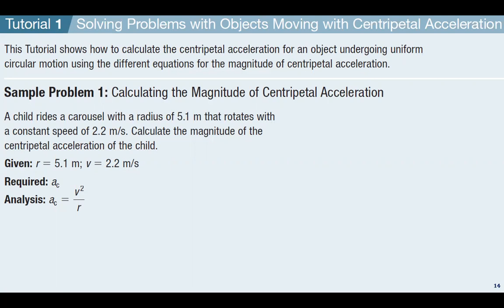A child rides a carousel with a radius of 5.1 meters that rotates with a constant speed of 2.2 meters per second. Can you calculate the magnitude of the centripetal acceleration of the child given this information? Okay, I'll give you 5 minutes to consider this problem, and then we'll have a look at the solution together.